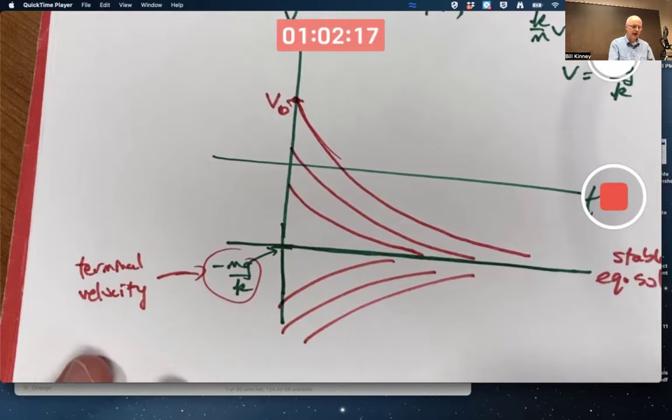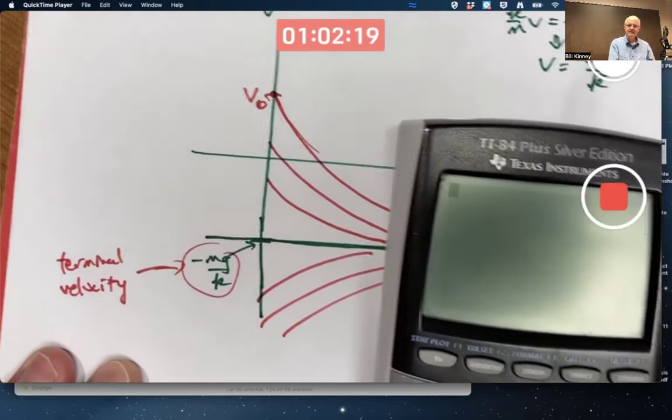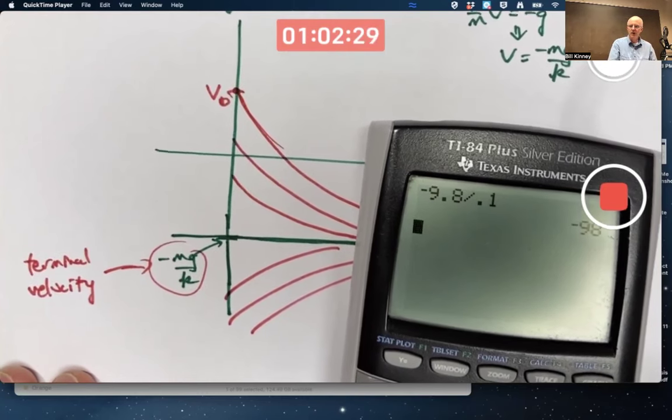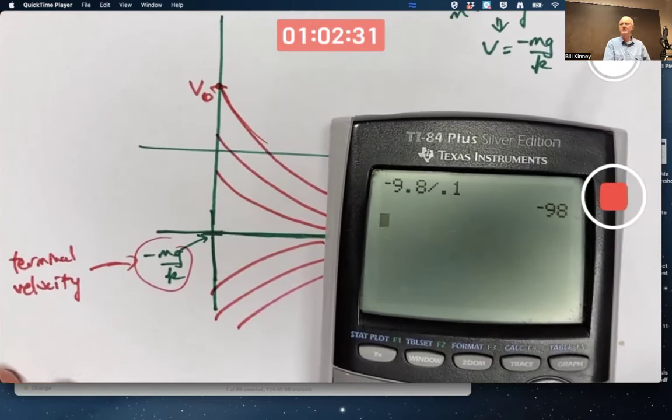If it's a 1 kilogram mass and k is 0.1, let's use the negative sign, negative 9.8 divided by 0.1, then the terminal velocity is negative 98 meters per second. Maybe realistic for a rock, though you'd have to drop it from pretty high for it to reach that, like from an airplane. Don't drop it from 2 meters high.